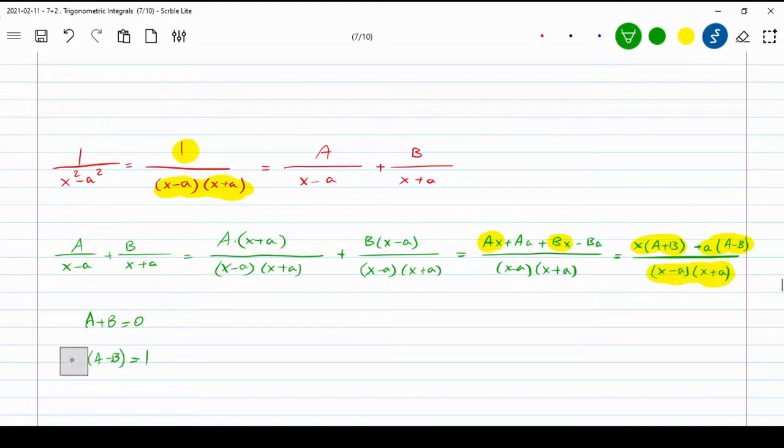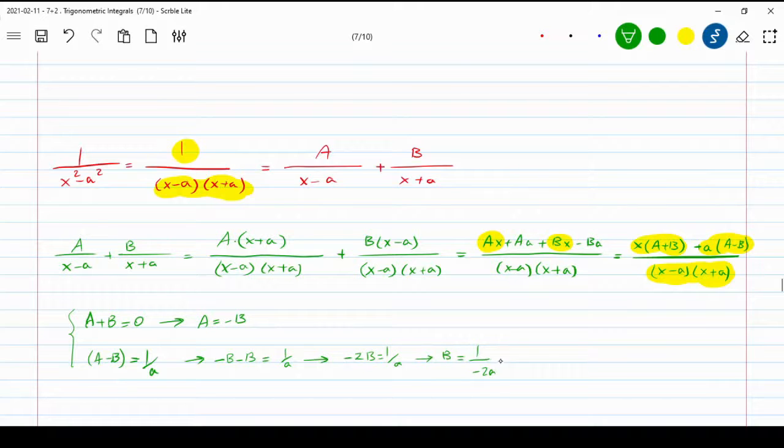You can divide both sides by a if you want, and write it as 1 over a. So now you have two equations. We can solve them. The first one implies that A must equal negative B. So I replace A with negative B in the second equation. What I get is negative B minus B equals 1 over a. Therefore, minus 2B equals 1 over a, and B equals 1 over negative 2a.